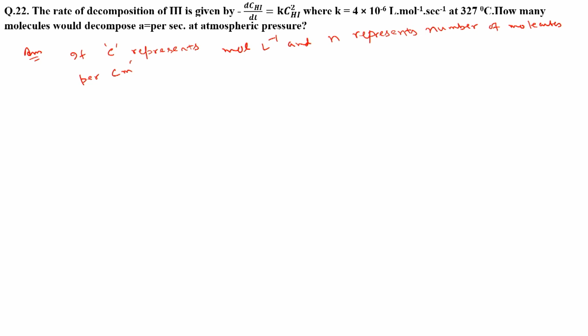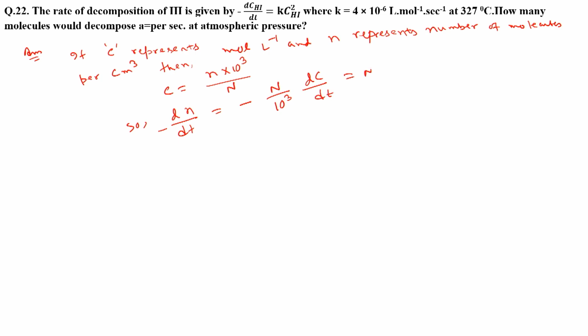So, if C represents moles per liter and n represents number of molecules per cc, per centimeter cube, then C is n times 10 to the 3 by N. So, dn by dt, and we have a minus sign here, is minus N by 10 to the 3 dC by dt.